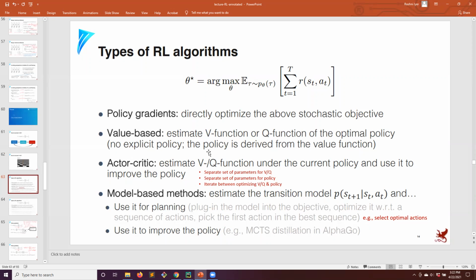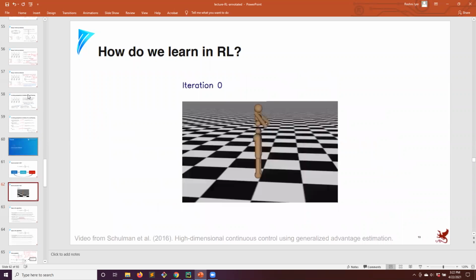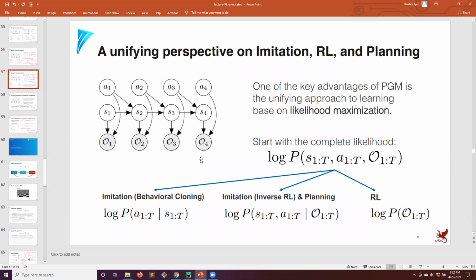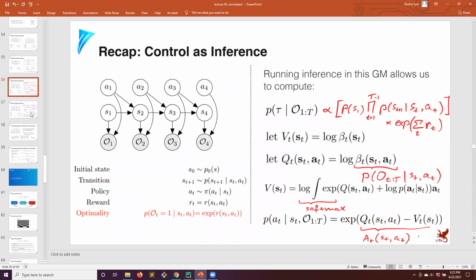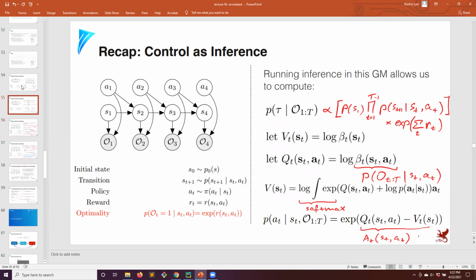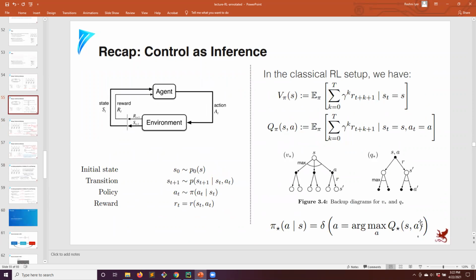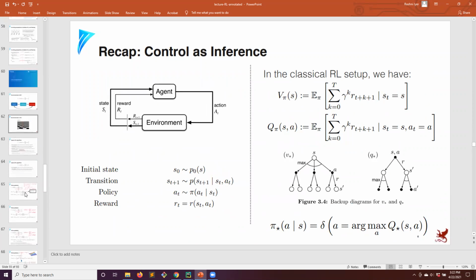But here we can have the policy derived from the value function. Remember previously that we compute this Dirac delta expression of argmax over A of Q, which is this part here. So we can also do this if we have the Q function.